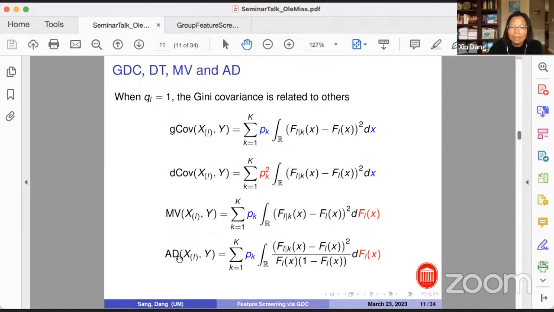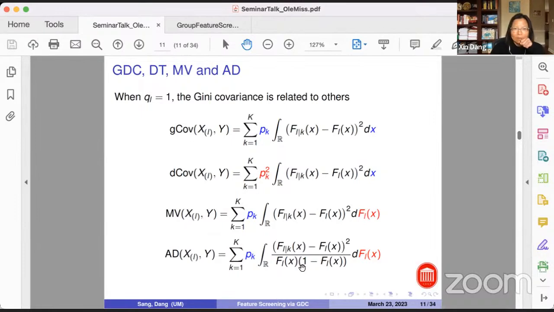And the AD is an Anderson-type quantity, standardized, which gives more weight on the tail of your axis, so it gives some weight on each X.